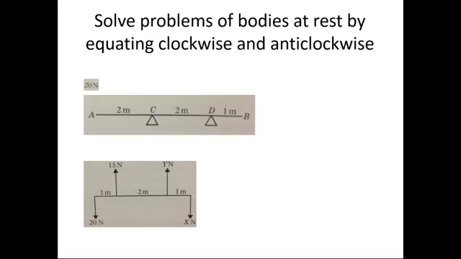13 newtons down. Now there's a force acting up here from the resistance force of the stand, and a force acting up here. And this is at rest. If this is 8 meters long, that's 2, that will be 2, that will be 3, and that would be 1.